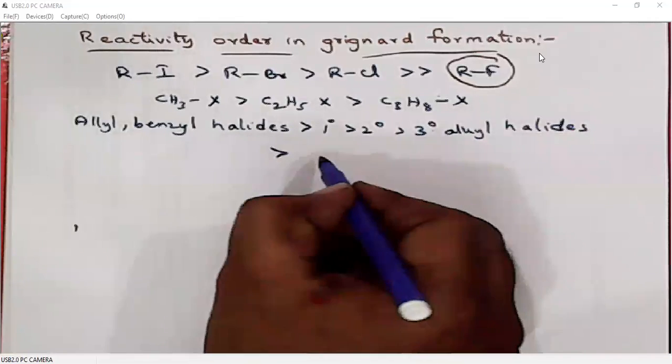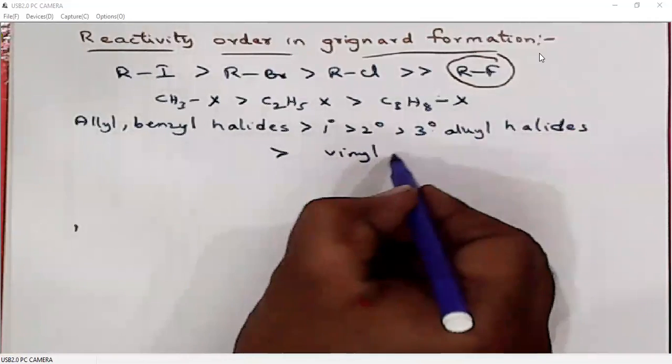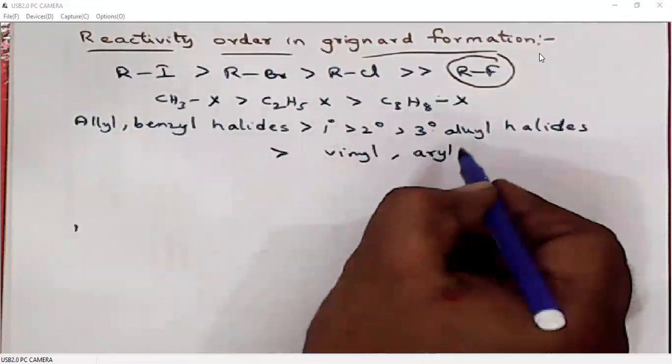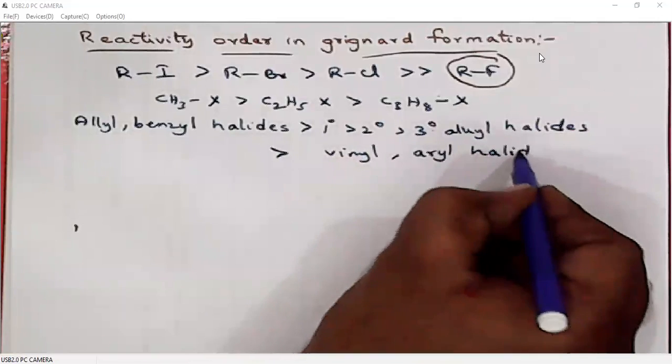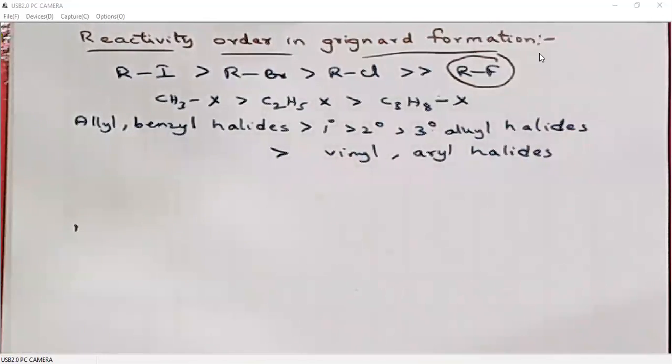And the least reactive are vinyl and aryl halides.